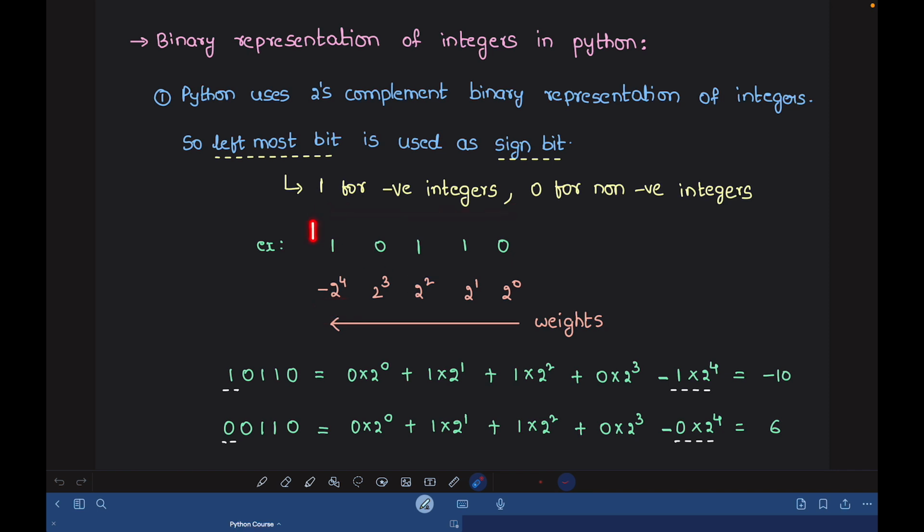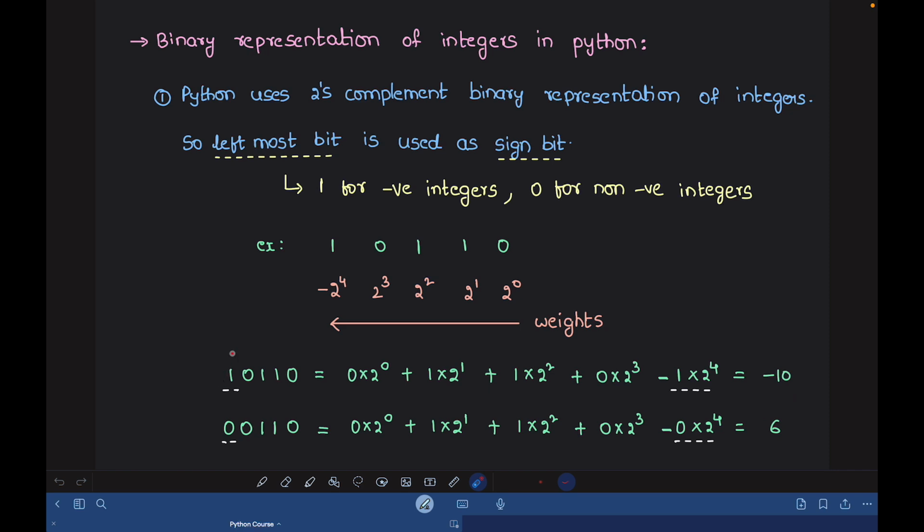Now, if we try to evaluate this number in 2's complement binary representation, this is how we do it. 0 into 2 power 0, plus 1 into 2 power 1, plus 1 into 2 square, plus 0 into 2 cube. And this last position has negative weight, so it will be minus 1 into 2 power 4. If you sum them up, you will get minus 10.